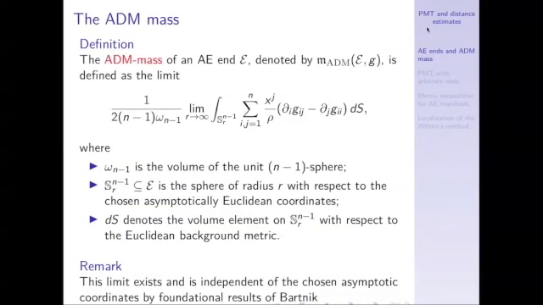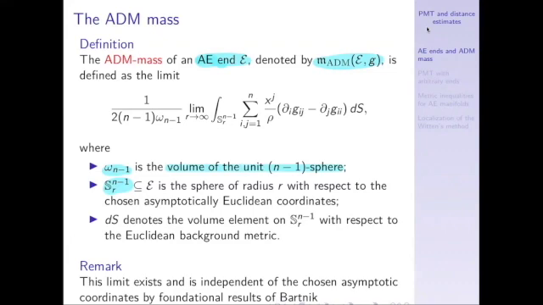We now move to the notion of ADM mass. So the ADM mass of an asymptotically Euclidean end E is defined as this limit. Here, omega_{n-1} is the volume of the unit (n-1)-sphere, and S_r^{n-1} is the sphere of radius r with respect to the chosen asymptotically Euclidean coordinates.